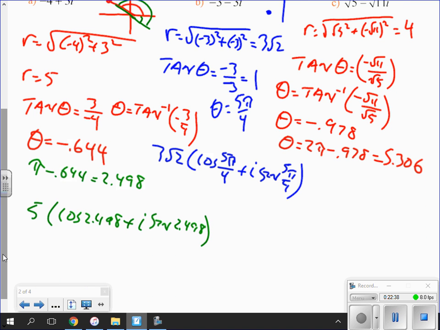And then we just have to write it out. Oh, should be 4 out in front, not a 5.